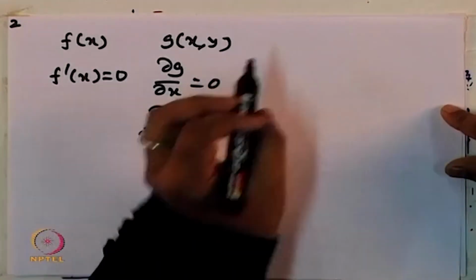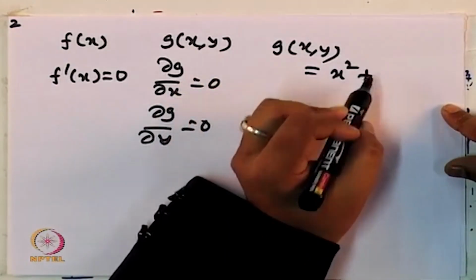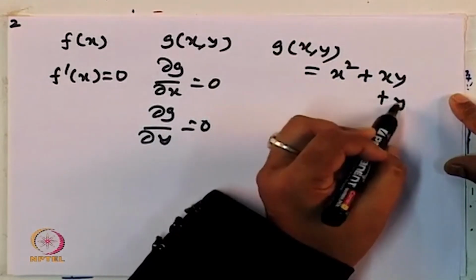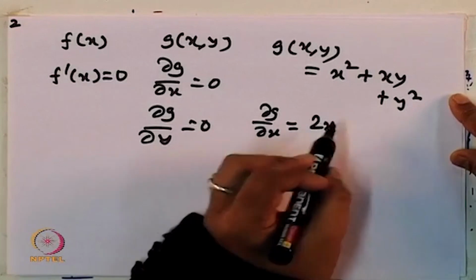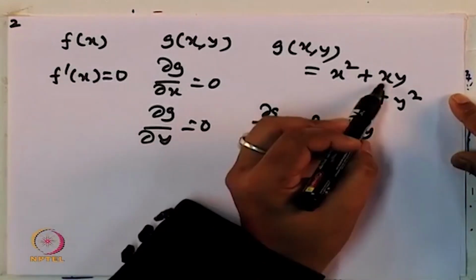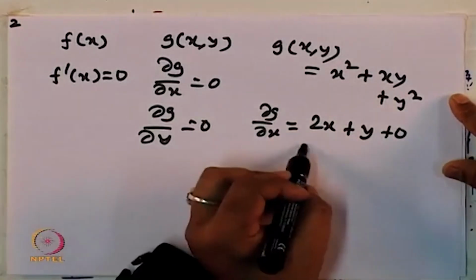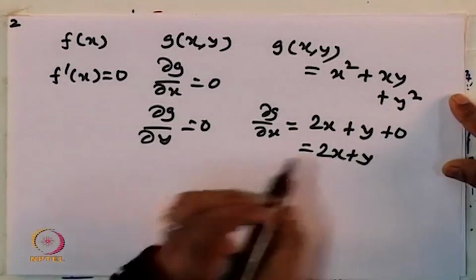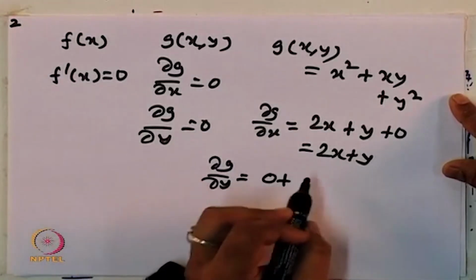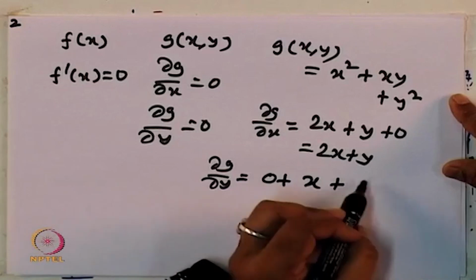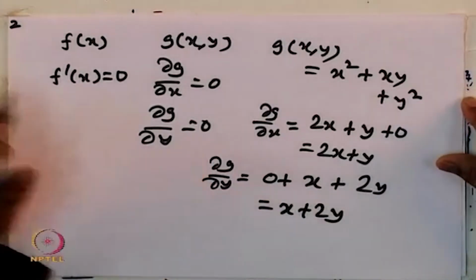Once again, if g of x, y is, let us say, x square plus xy plus y square, then del g del x is 2x plus y, because you assume y is constant, and del g del y is x plus 2y. So, you set both of these equal to 0.